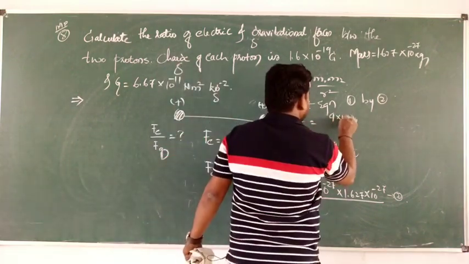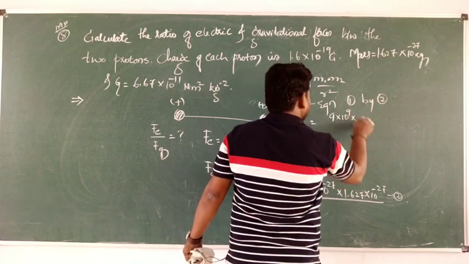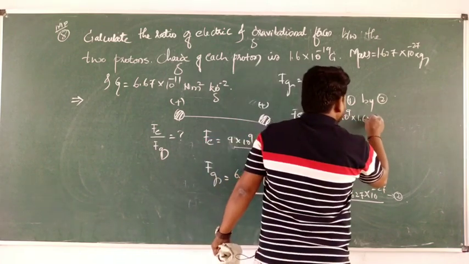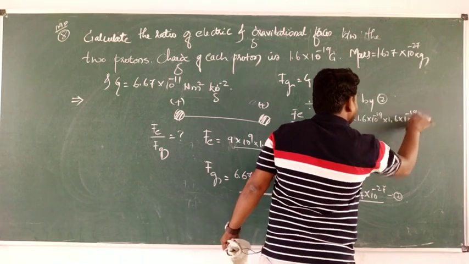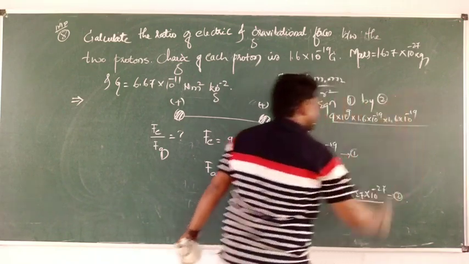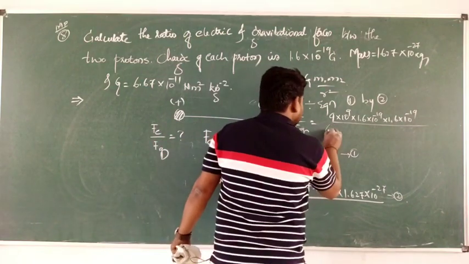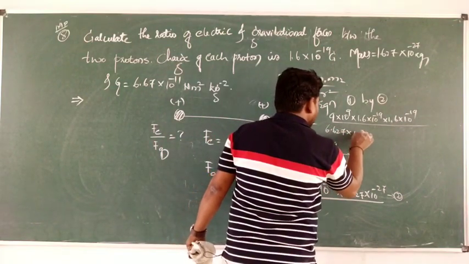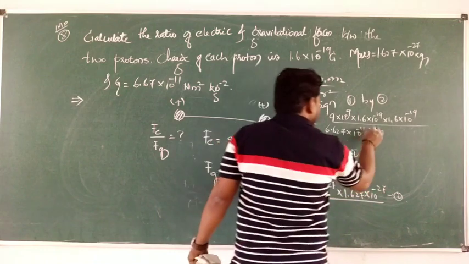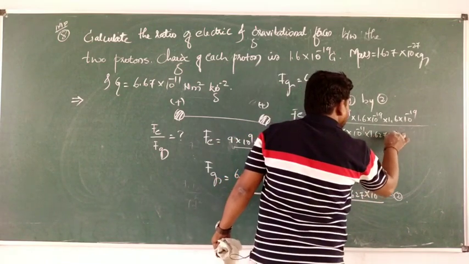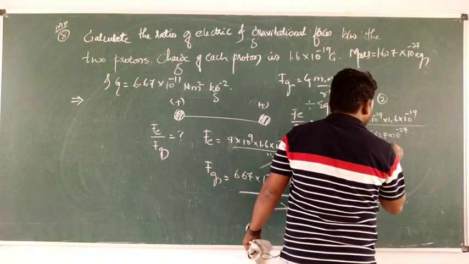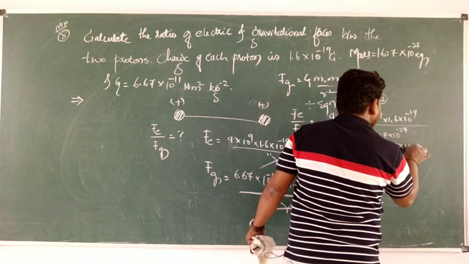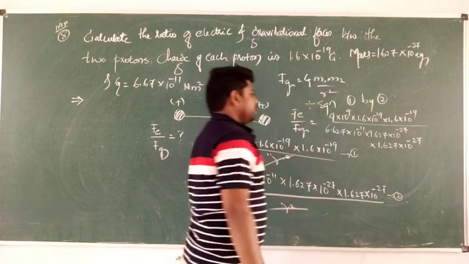Fe is 9 into 10 to the power of 9 into 1.6 into 10 to the power of minus 19 into 1.6 into 10 to the power of minus 19, divided by 6.67 into 10 to the power of minus 11 into 1.627 into 10 to the power of minus 27 multiplied with 1.627 into 10 to the power of minus 27.